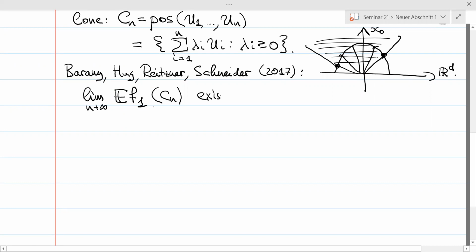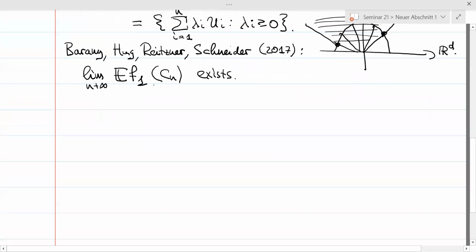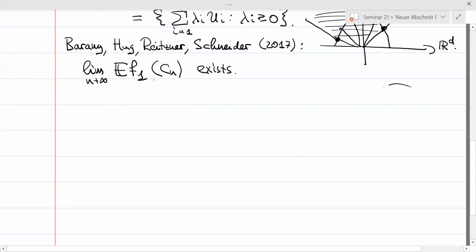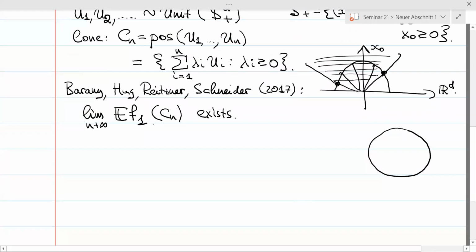So this limit exists and is finite, which is quite surprising, because if we take a very similar construction, you may imagine we take a two-dimensional half sphere, take random directions, span a cone, and the expected number of the extremal directions of this cone doesn't diverge to infinity.